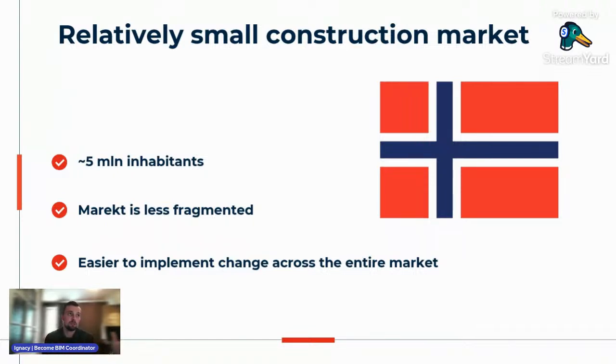In contrast, in the United States, where the construction market is huge and each state has its own laws, regulations and standards, there is a huge problem with implementing national standards all over the country. But here in Norway, this problem doesn't exist. Therefore, when it comes to introducing new technologies, a relatively small market like the Norwegian one offers an undeniable advantage.